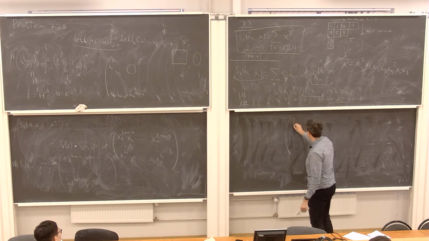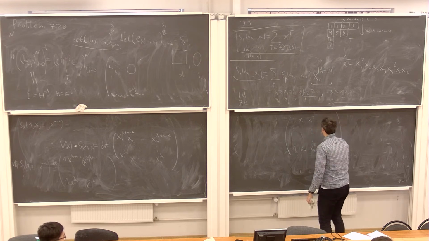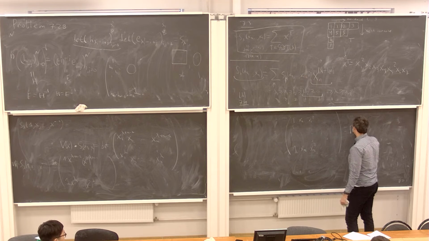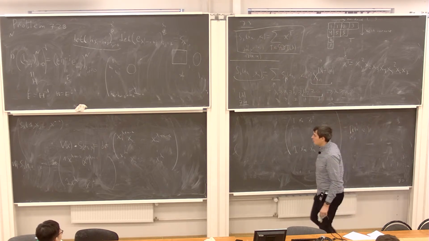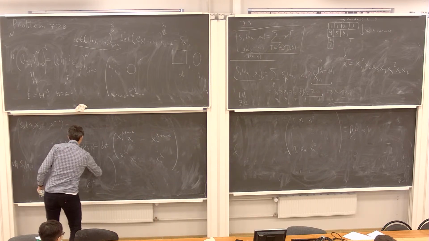It looks the same: 1, x_1, x_n, x_1 squared, x_n squared, and is equal to the product of (x_i - x_j), i less than j. In order to have a Vandermonde determinant, you should write it like this.